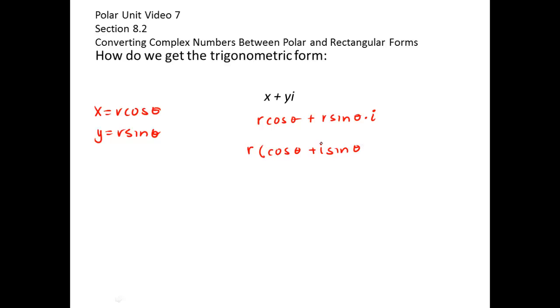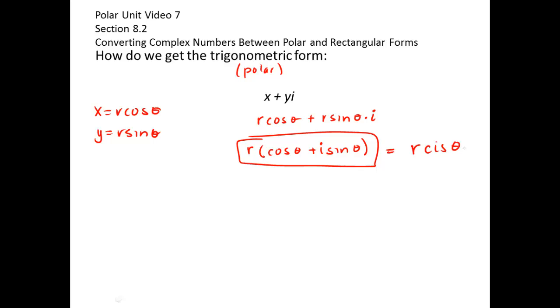So I'm going to move the i in front like a coefficient. And this right there is the trigonometric or polar form of complex numbers: r cosine theta plus i sine theta. Again, we can also use r cis theta as our shorthand.